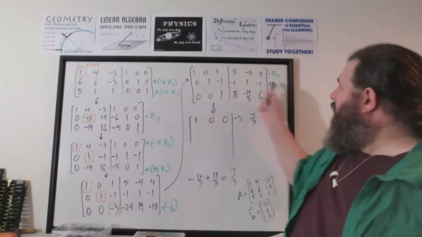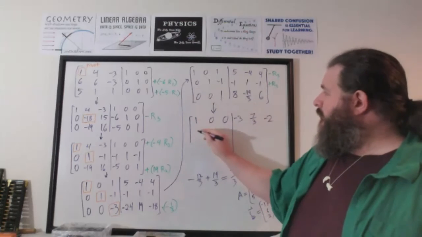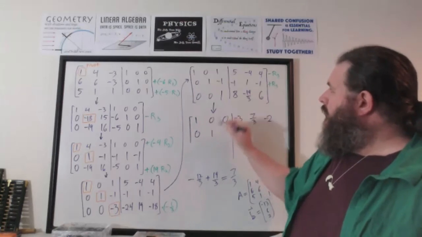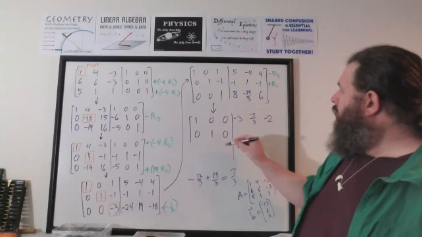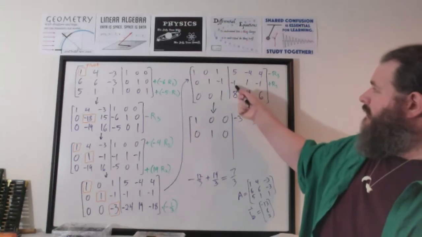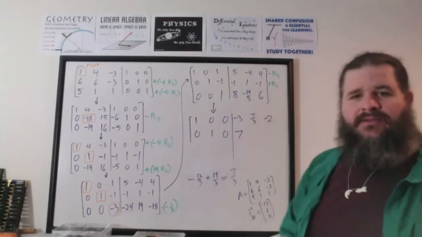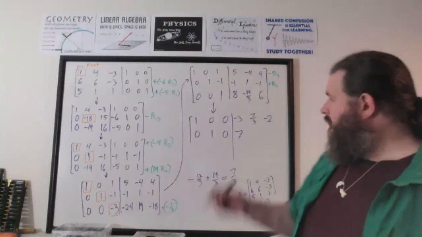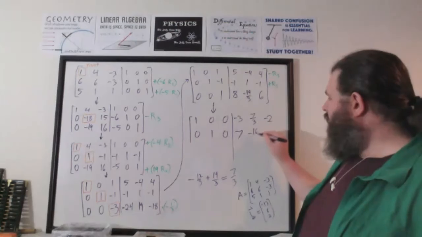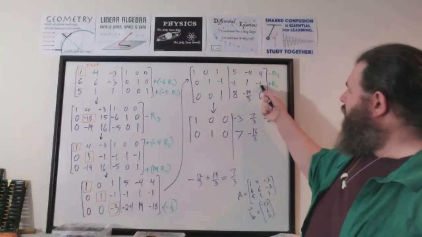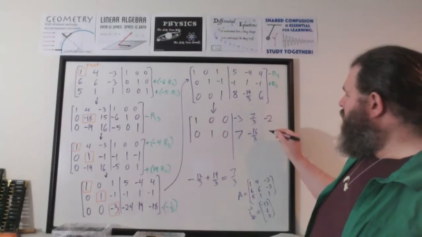Second row, we're adding row 3. So 0 plus 0, 1 plus 0, -1 plus 1. Continuing the rest of the row, -1 plus 8, 1 plus -19 thirds. So that's 3 thirds minus 19 thirds should be -16 thirds. -1 plus 6 would be 5.